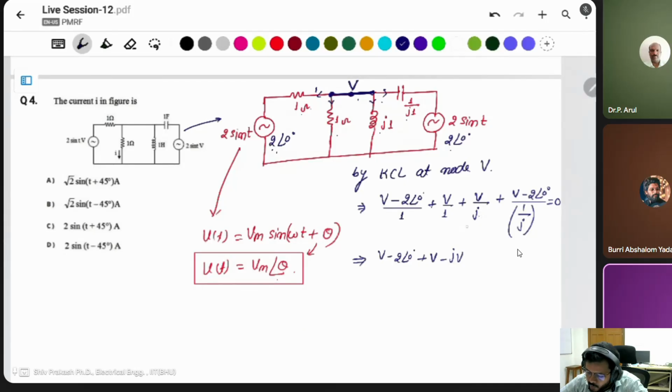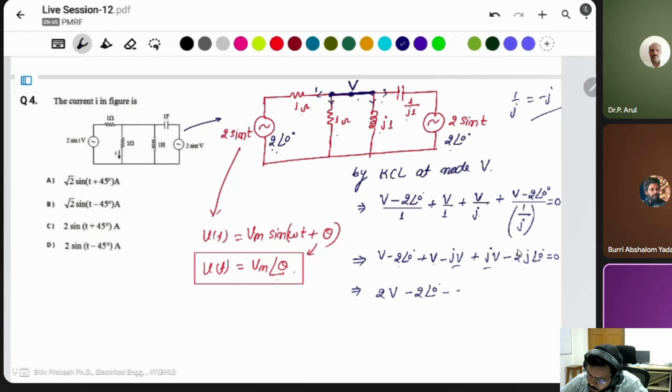That's why 1 by j can always be written as minus j. This will be jV minus 2j at angle 0 is equal to 0. This jV cancels out, V is 2V. This will be minus 2 at angle 0.